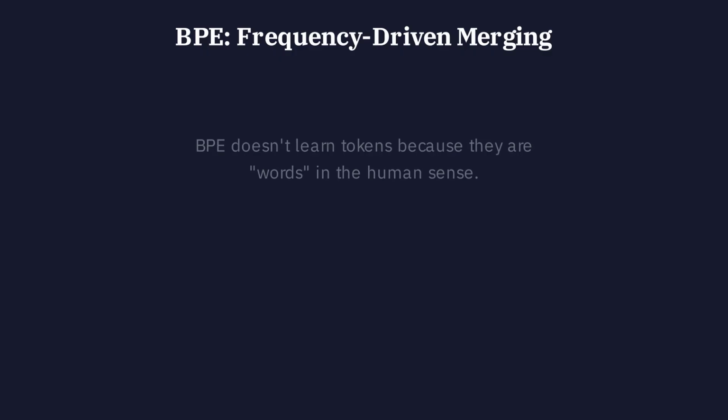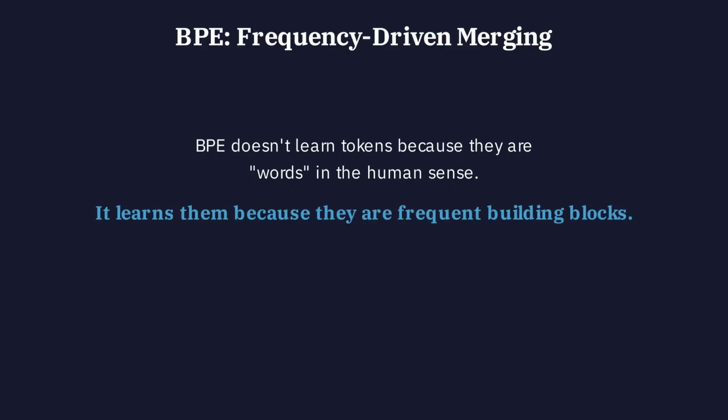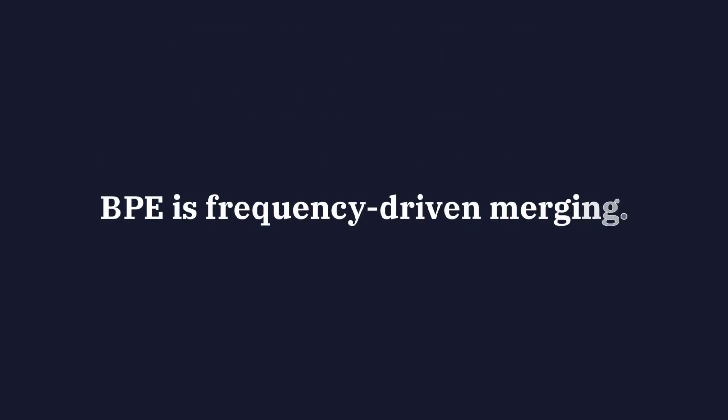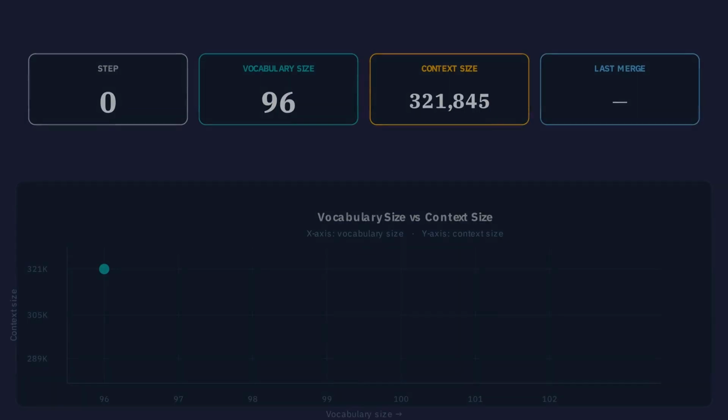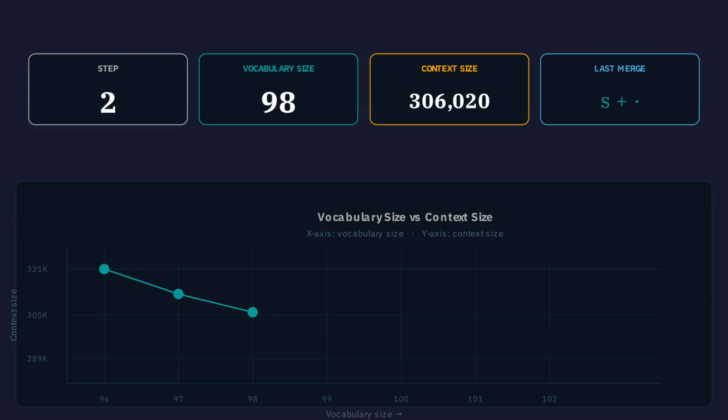What this means is that byte pair encoding doesn't learn tokens because they are words in the human sense. It learns them because they are frequent building blocks. In summary, byte pair encoding is a frequency-driven merging. Every round of byte pair encoding adds one new token to the vocabulary by merging the most frequent adjacent pairs.